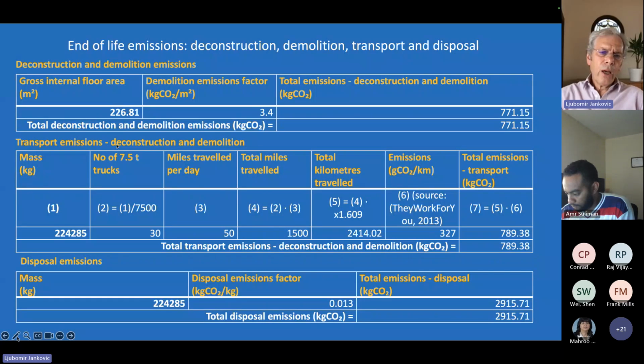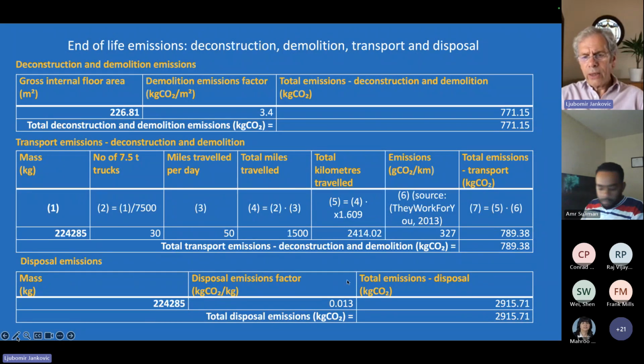Transport emissions from deconstruction and demolition is similar to what we already explained for deliveries of materials, so it's the same kind of calculation here. And disposal emissions are based on mass and disposal emissions factor and total emissions.